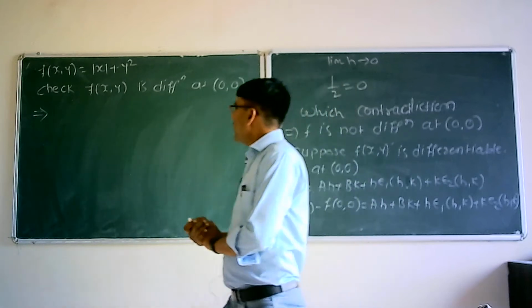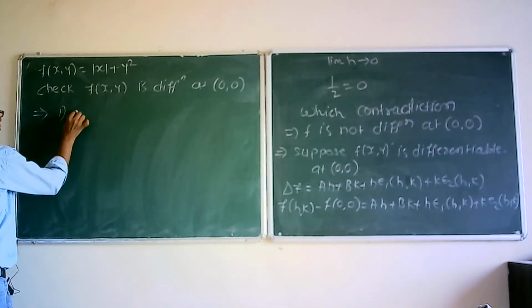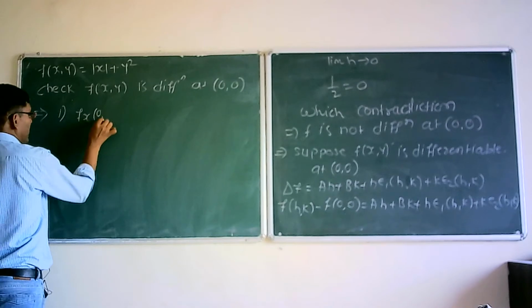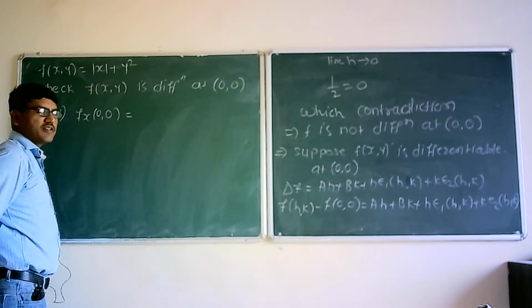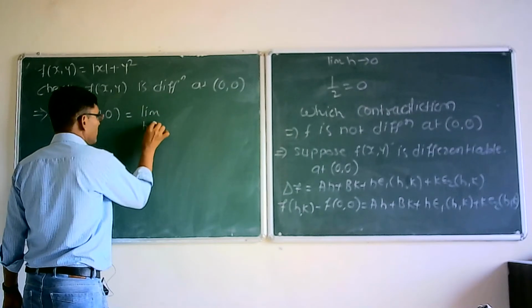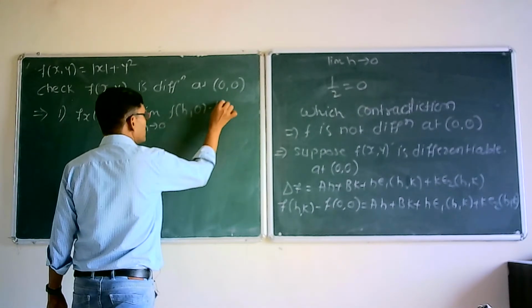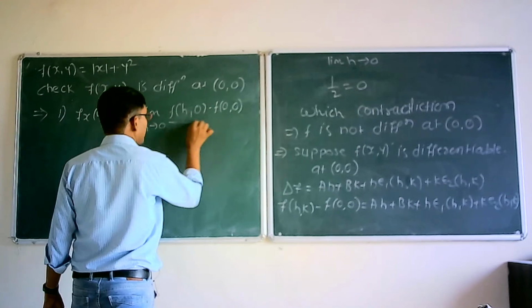So for that, what is f_x(0, 0)? We want to check whether both partial derivatives exist or not. So this is equal to limit h tends to 0, [f(h, 0) minus f(0, 0)] divided by h.